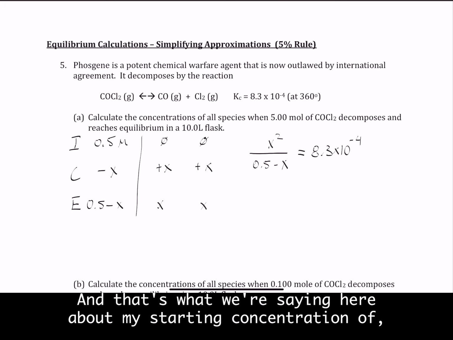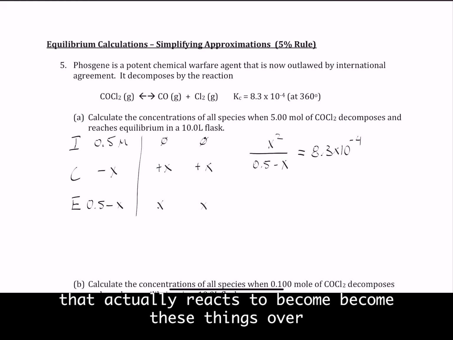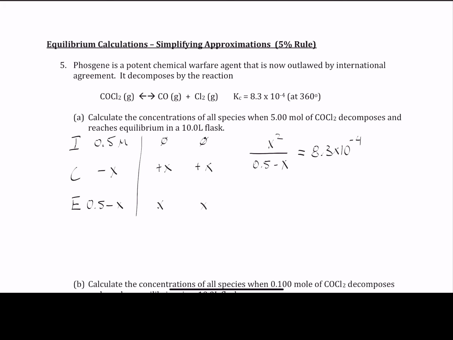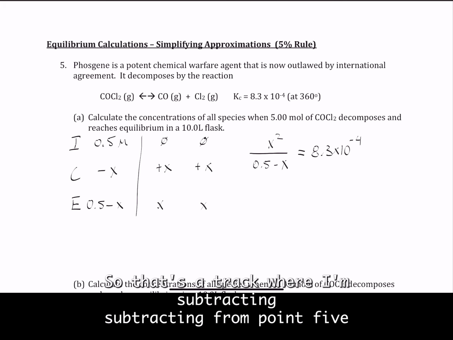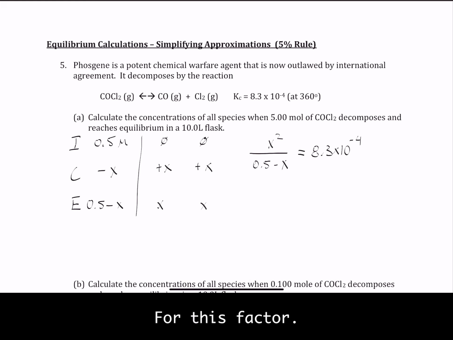And that's what we're saying here about my starting concentration of, in this case, phosgene, outlaw chemical weapon. The amount of phosgene that actually reacts to become these things over here is going to be really, really small because my K is very, very small. It's favoring this side. So whatever I'm subtracting from 0.5 is going to be close enough to 0 that I can ignore it for this factor.